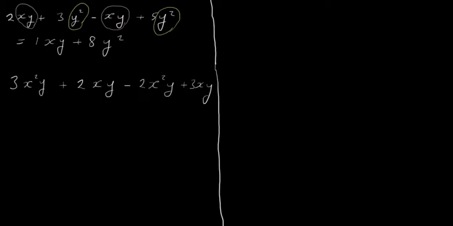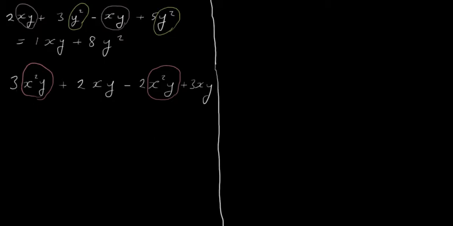So we're going to look at these, and we know that we're adding and subtracting here, so we need to look for like terms. So we look at the first thing here. We have an x squared y. So we want to look along here and see, do we have any other x squared y's here? Well, we do. We have an x squared y here. So we can add these two together.